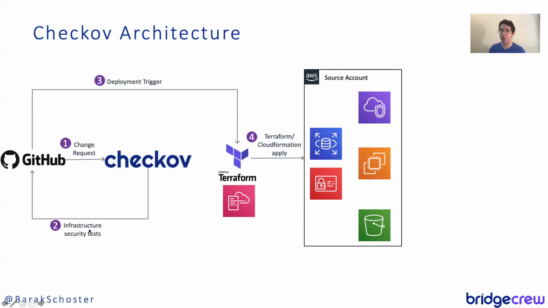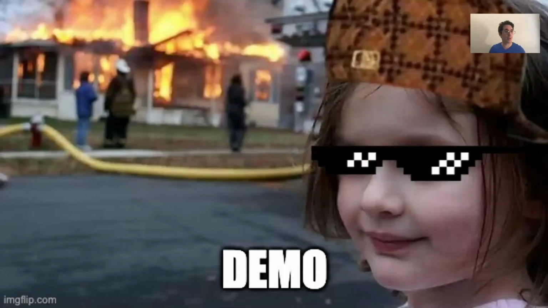And you will have those infrastructure tests that Checkov is executing, approving or rejecting your build, or approving or rejecting your merge request. After the merge request is approved and the infrastructure security tests have passed, you can apply your Terraform or CloudFormation into your production account and see those resources successfully and securely being deployed. Let's see a quick demo.